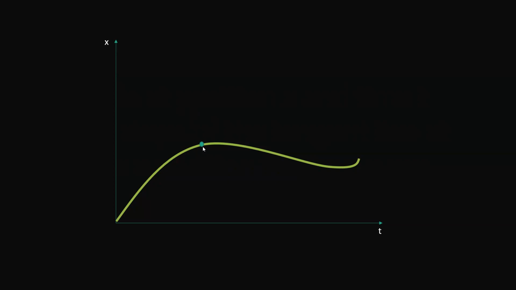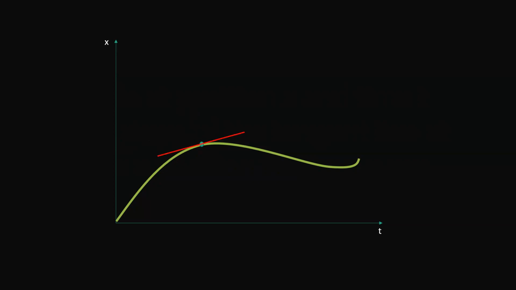And we want to find the instantaneous velocity of the particle at this particular position x and this particular time t. In order to do that, we need to figure out what the tangent line is that crosses that point x, t. And that is the tangent line.